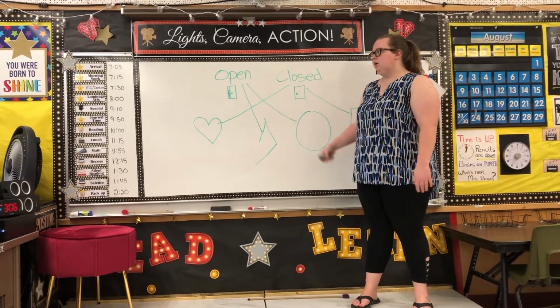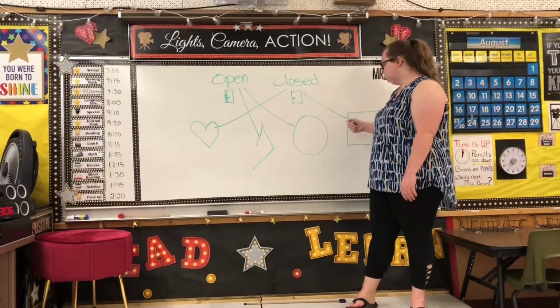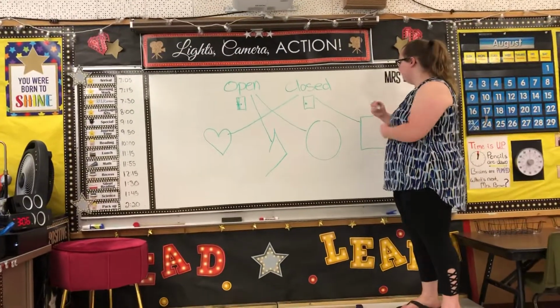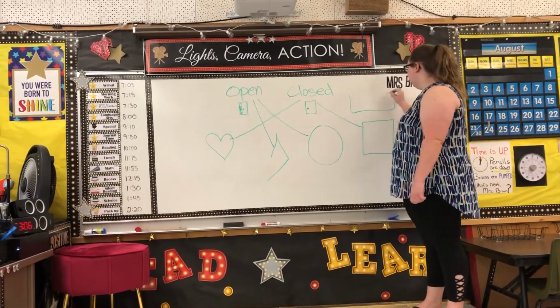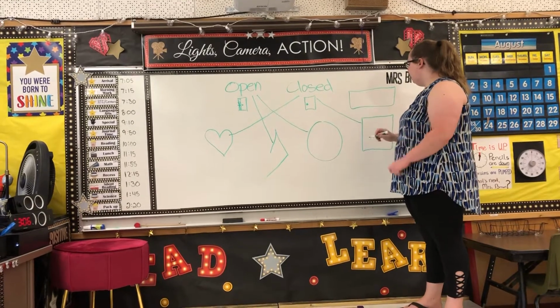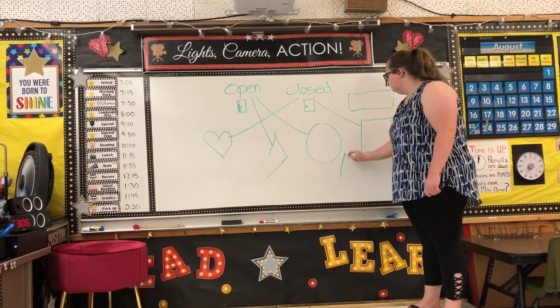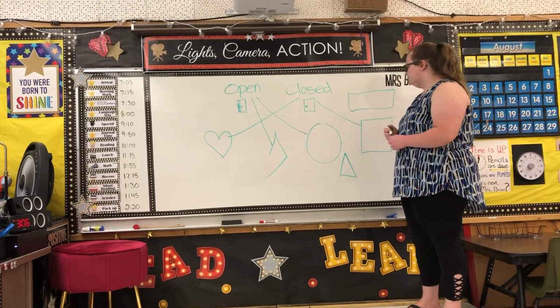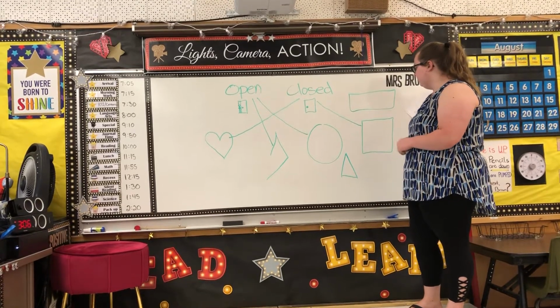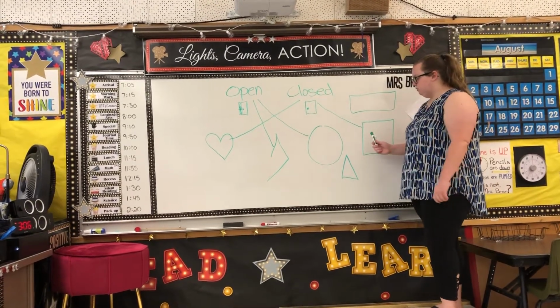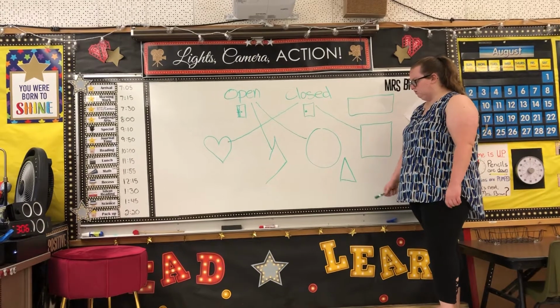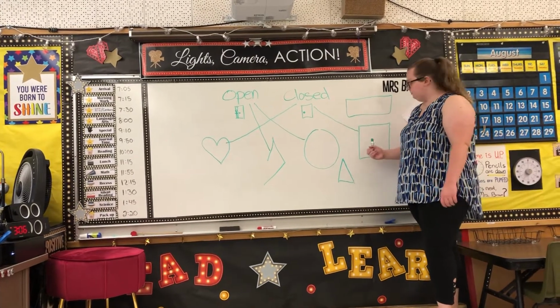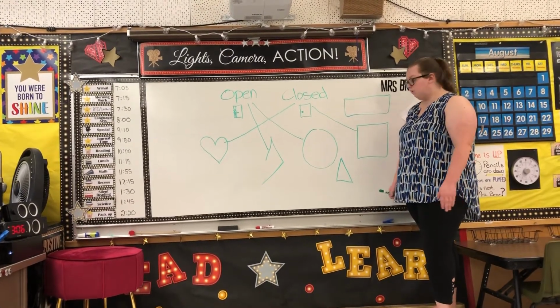So, if we have a square and a rectangle and a triangle, just drawing some shapes here to give us some examples. So, how can we tell the difference between a square and a triangle? One has 3 sides and one has 4 sides. That's correct.